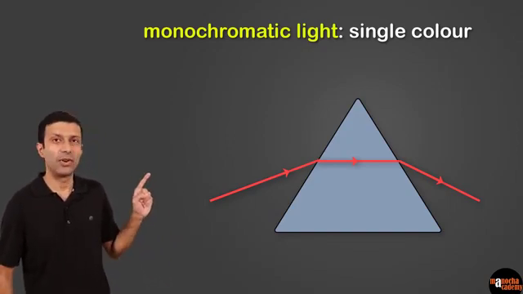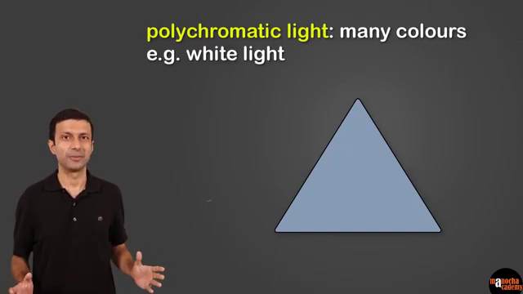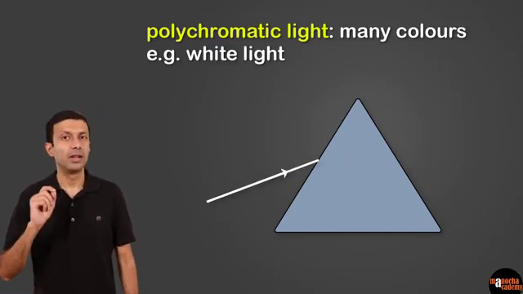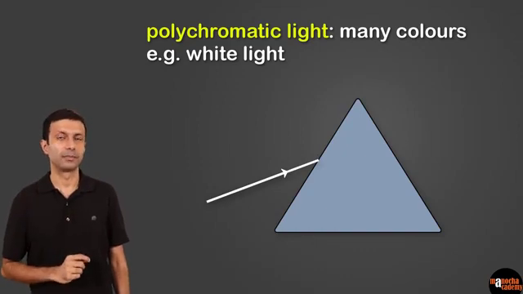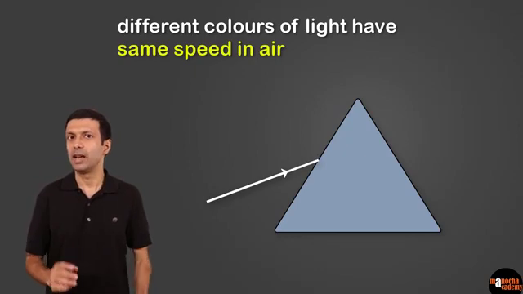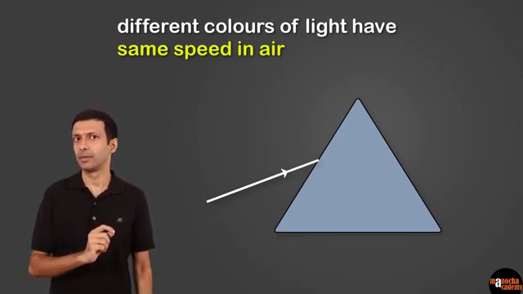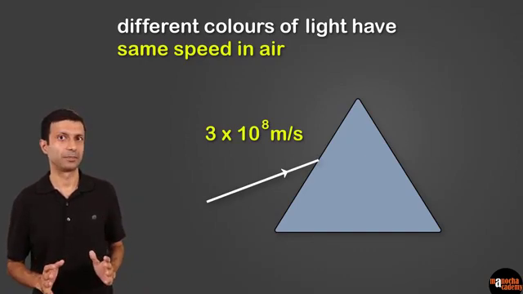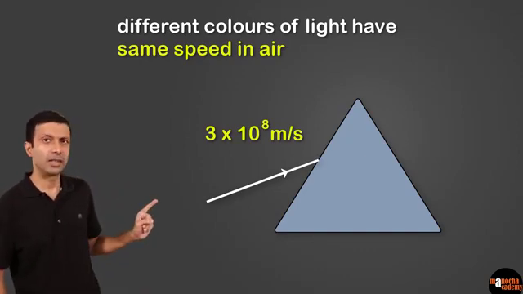Now let's replace the red light with white light. Again, for simplicity, we'll consider that white light is made up of the 7 VIBGYOR colors. Now one important point to remember is that different colors of light have the same speed in air, approximately 3 into 10 to the power 8 meter per second. So all our 7 colors are traveling at the same speed in air.